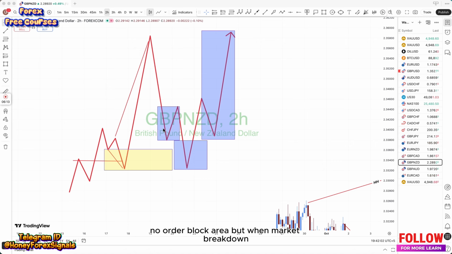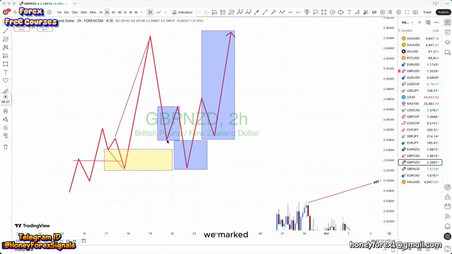But when the market breaks down, here we see the left side demand area of QM, SNR, SND. So this is our accumulation and this is our manipulation. We marked this left shoulder and this is the right shoulder, when the market breaks out the first high.